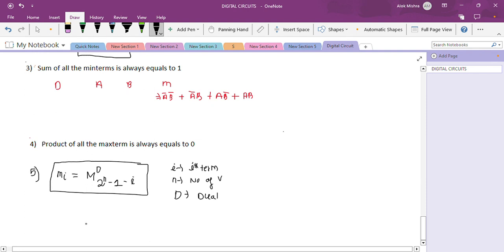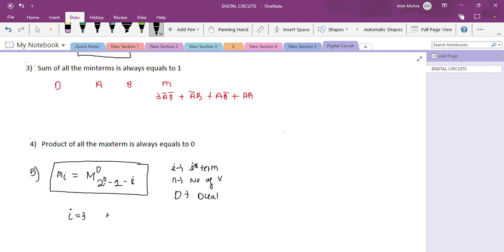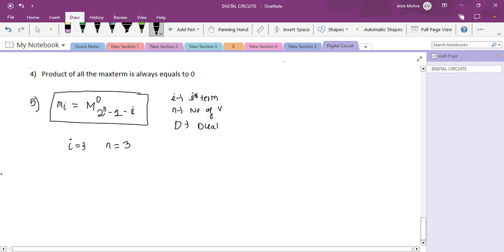Suppose I give you i equals 3 and n equals 3. Then what's the final answer? M4. Dual of what? And 4. Okay, correct. What if I give you i equals 5 and n equals 3? M2, very good.